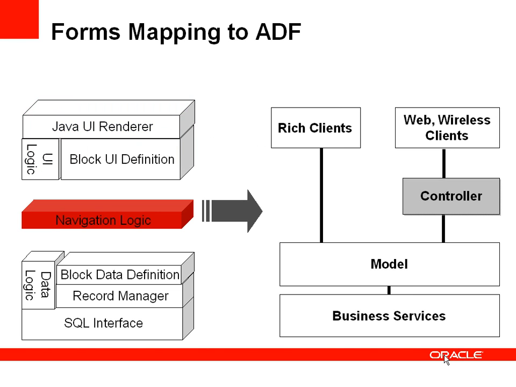And in Forms you could write explicit navigation code where you'd maybe go to a particular item or block, or Forms took care of some of the navigation for you. We use function keys, for example, or tabbing around screens. And essentially that's what the controller in ADF is doing as well.